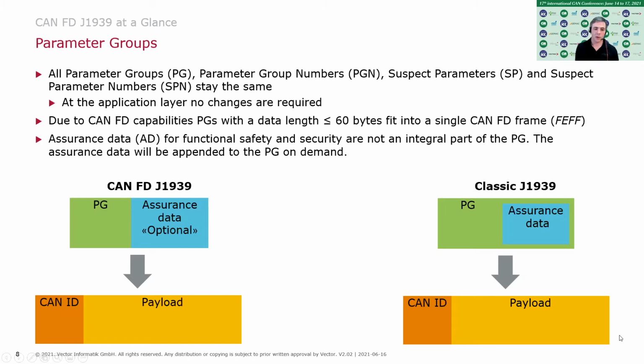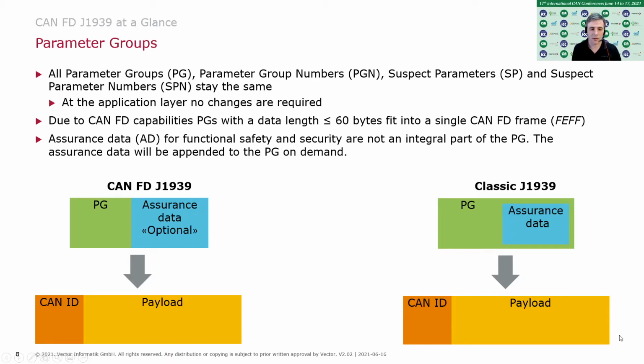This gives you a lot of freedom, and it allows you to enable parameter groups which have not been designed with respect to safety and security. So you can simply attach assurance data to every existing parameter group, and you do not need to think, at the point in time you define the parameter group, about whether you have to immediately assign assurance data or not.